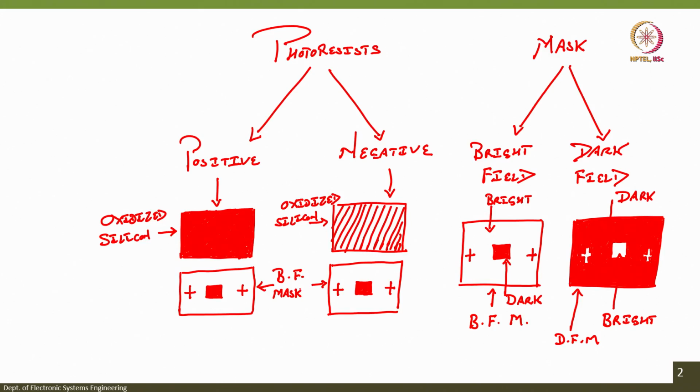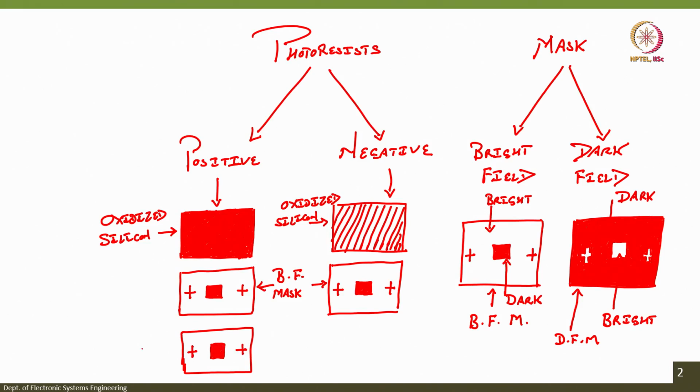mask, bright field mask. So, if I have oxidized silicon wafer coated with positive photoresist and if I have a bright field mask, my final pattern, so if I expose the wafer and develop it, then the photoresist will remain in the center like this. Okay.